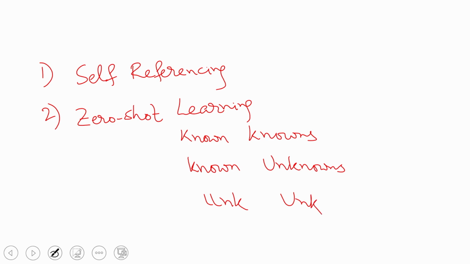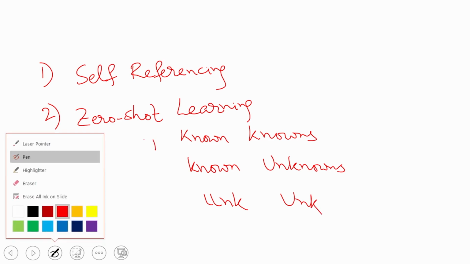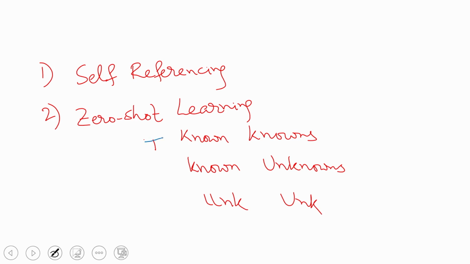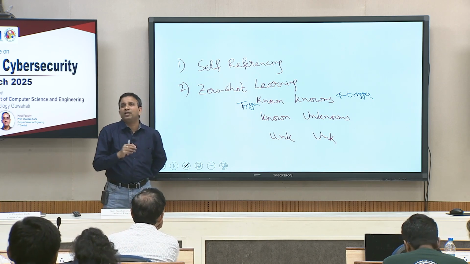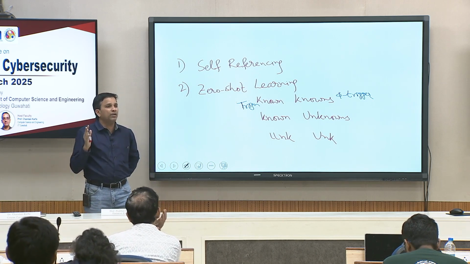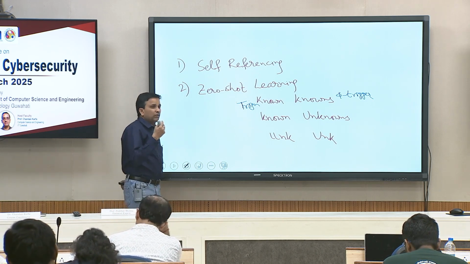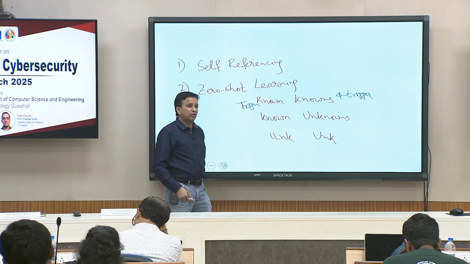So, known knowns in the Trojan example, think of this as a Trojan with a 4 trigger. During your training time, the 4 signals you took as a trigger are different from the 4 signals you take as a trigger during testing time, but both are known. The Trojan vulnerability is also known.